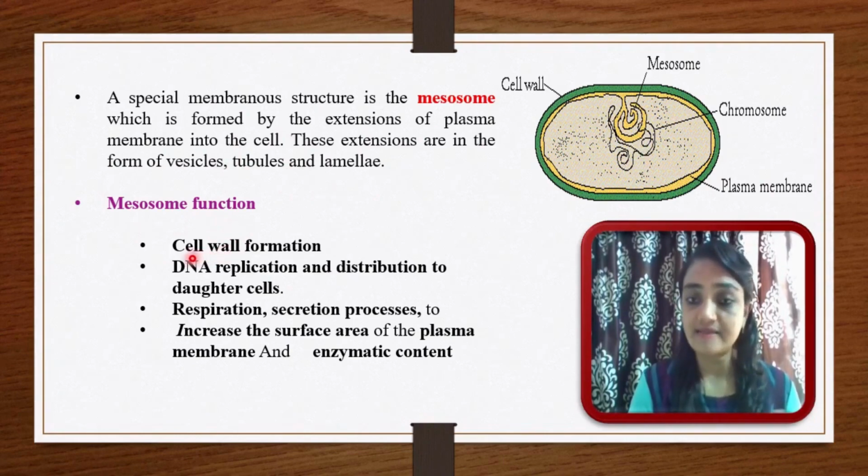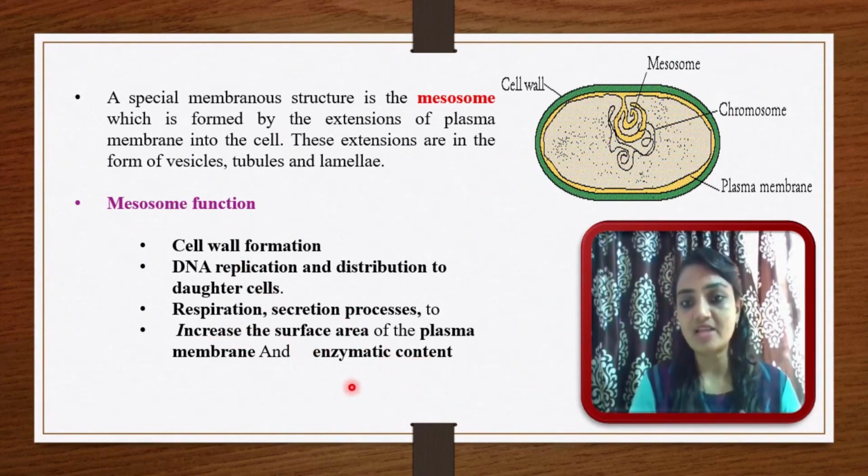It is very important for cell wall formation, DNA replication and distribution to the daughter cell. Respiration and secretion processes are also the responsibility of the mesosome, which increases the surface area of the plasma membrane and enzymatic content. So the mesosome plays a very important role in a prokaryotic cell.